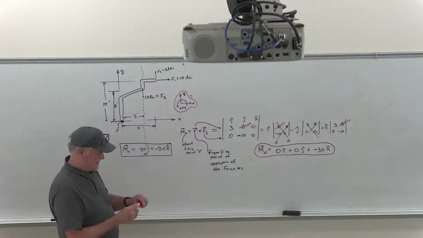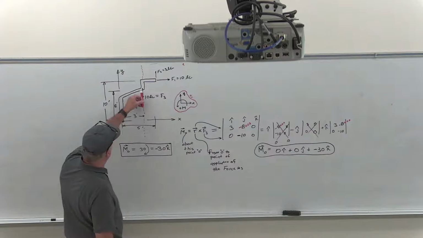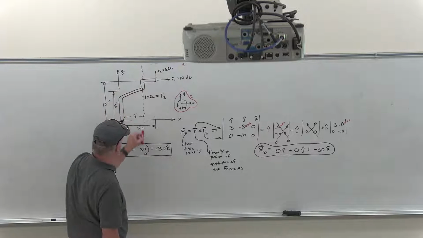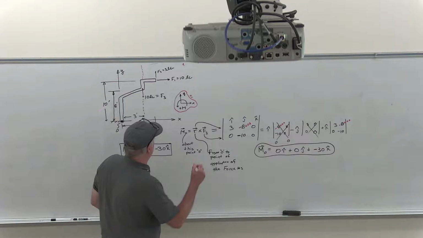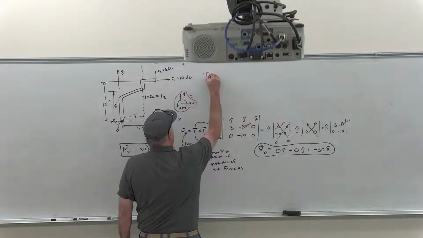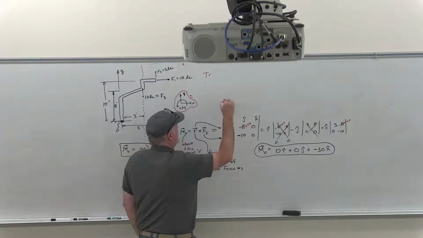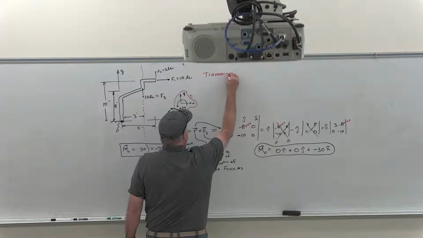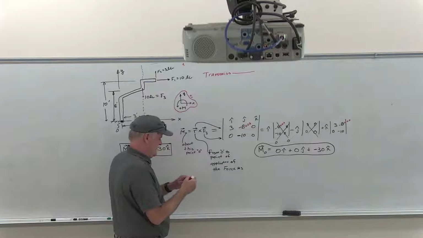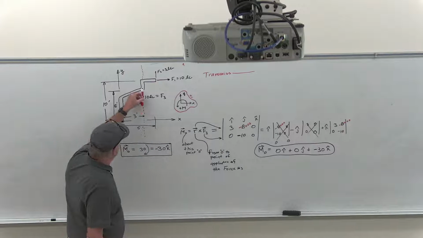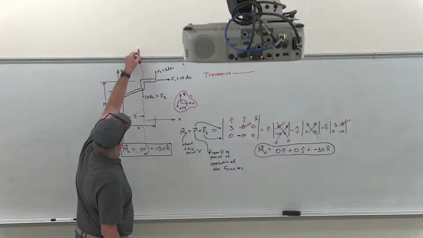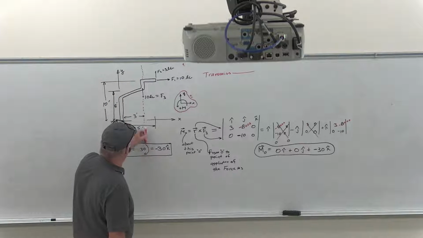No, it didn't. So I could take this force and move it anywhere along the line of action. And that's called transmissibility. I'm probably not going to spell it right. So essentially, you can move that force anywhere you want along its own line of action.